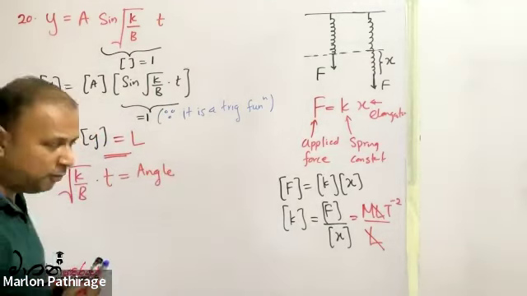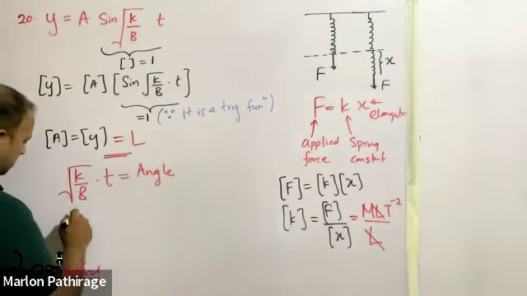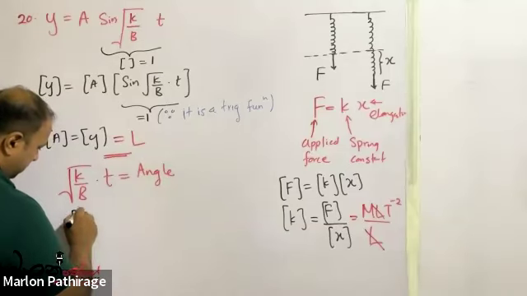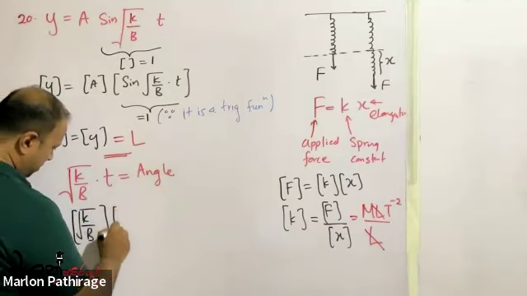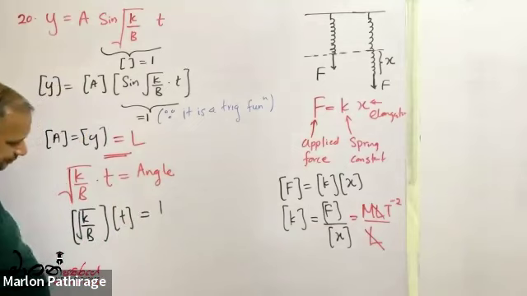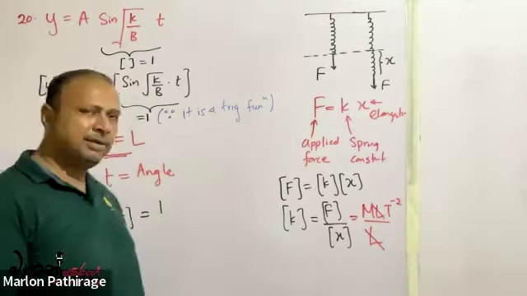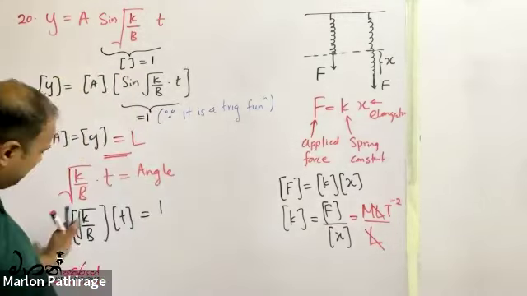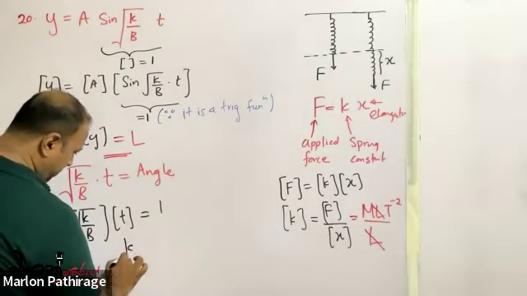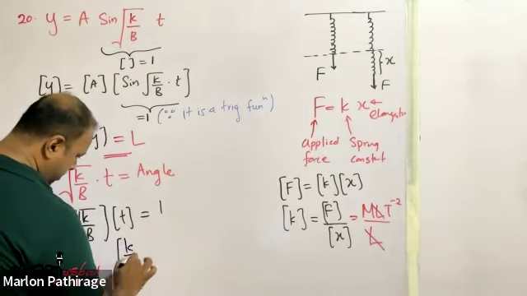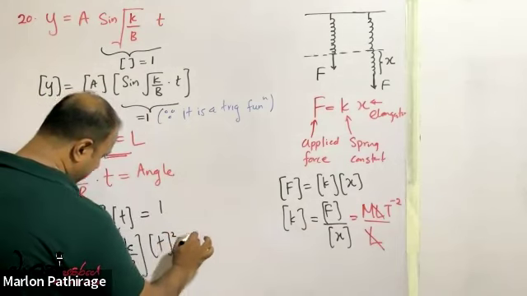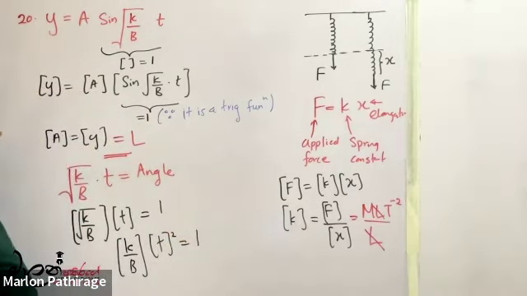Therefore, if you take the dimension of both sides, dimension of K over B into dimension of t is equal to 1. Then I can take the square of both sides. Therefore, dimension of K over B into t squared is equal to 1.